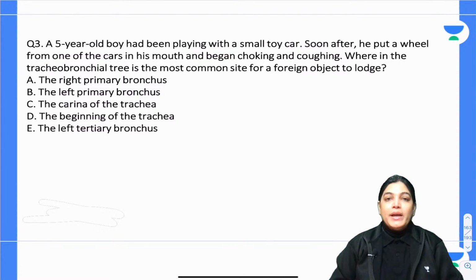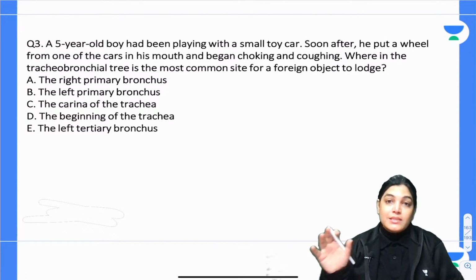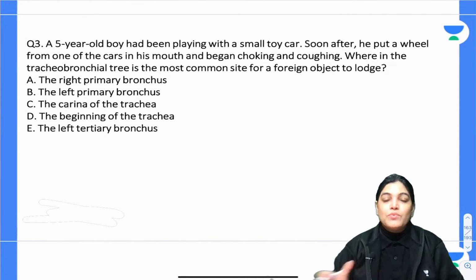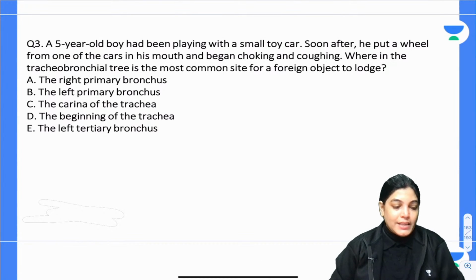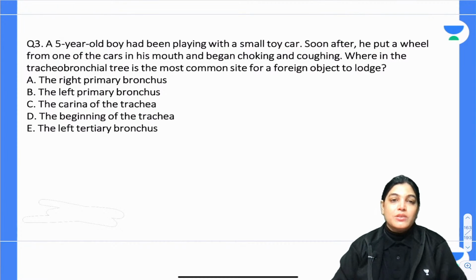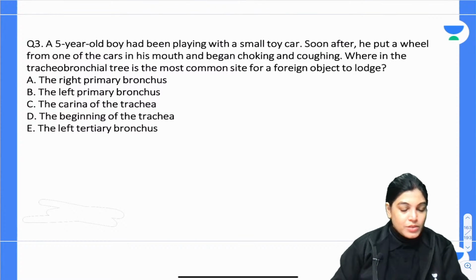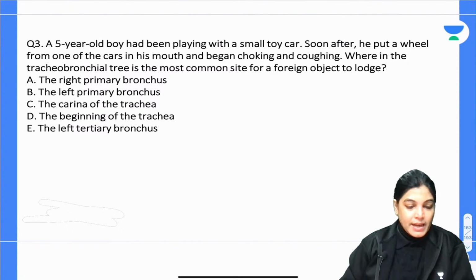Where in the tracheobronchial tree is the most common site that the foreign object is lodged: the right principal bronchus, the left principal bronchus, the carina of the trachea, the beginning of the trachea, or the left tertiary bronchus? According to you, which is the best answer? Your time starts now. Please mark the correct answer.